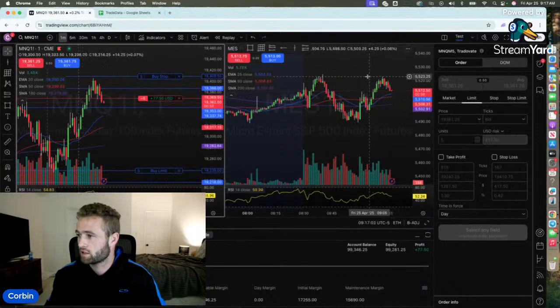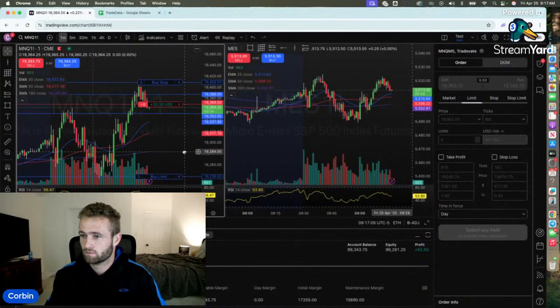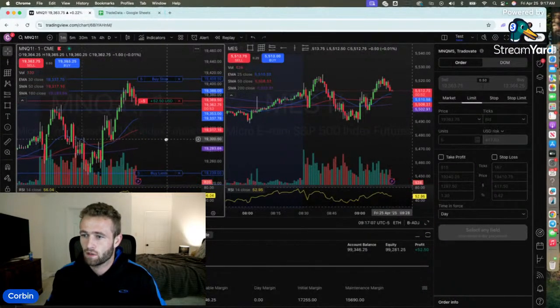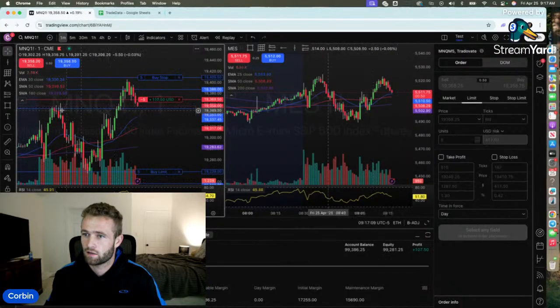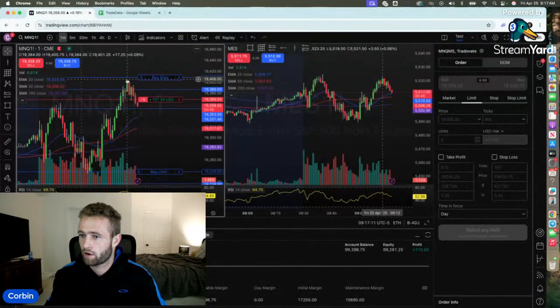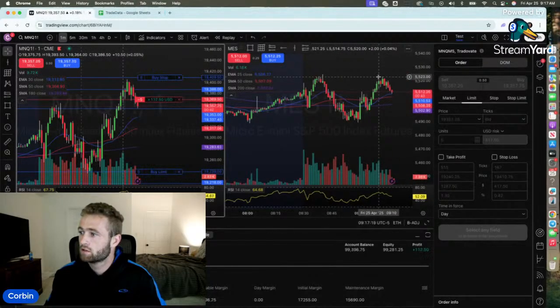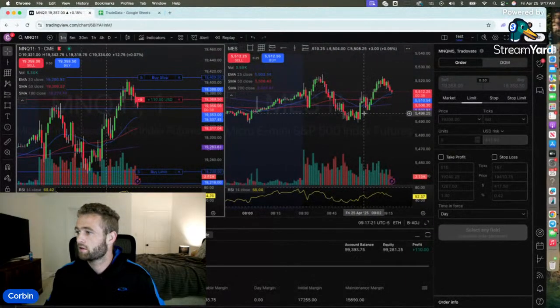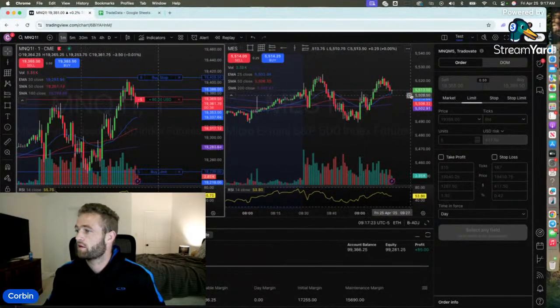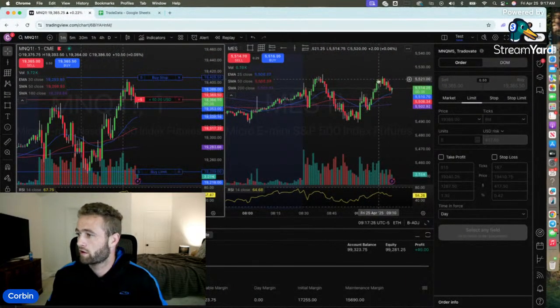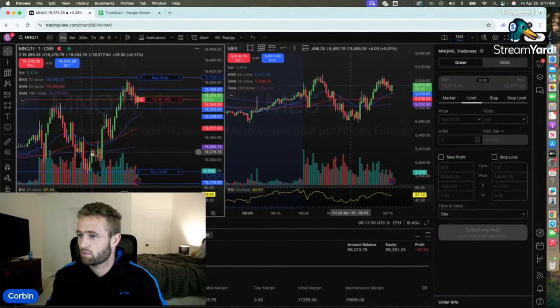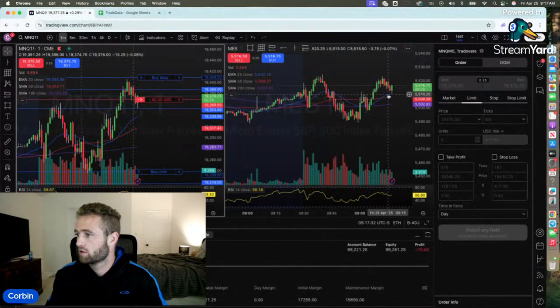And the reason that we're doing that is because you can see the NQ made a higher high right here, but the ES made a lower high right here. So typically it's an SMT divergence where the NQ is lagging behind what the market is doing right here.